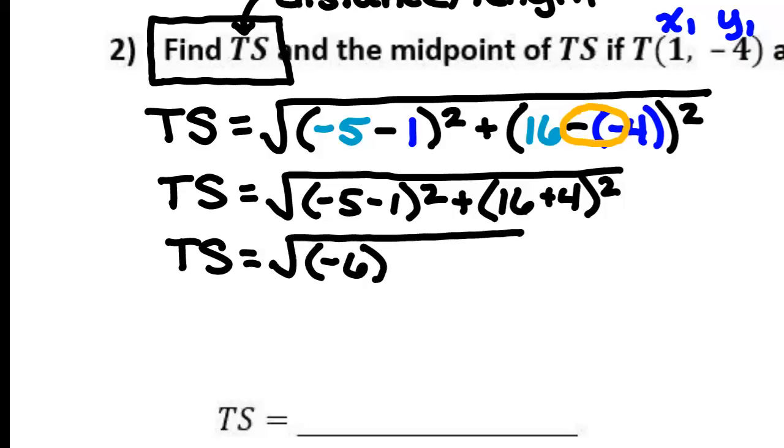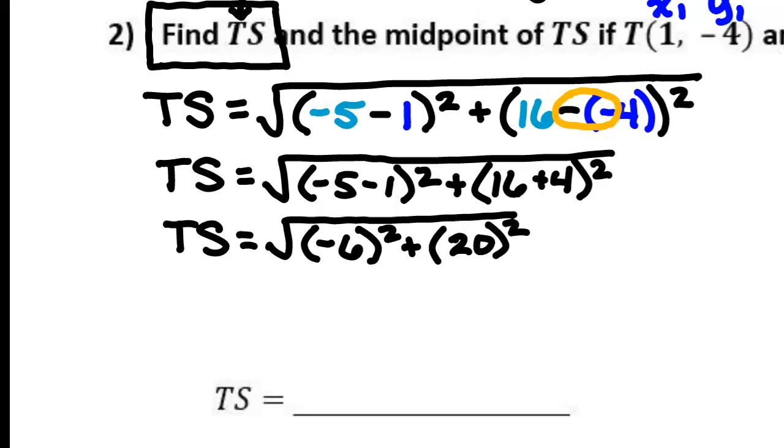So I have negative 6 squared plus, what is 16 plus 4? 20. 20 squared. What type of a number do you get when you square something? Positive. Please make sure you're taking the time to put the parentheses in the calculator before you hit that squared button. Otherwise, it will give you a negative answer, and that will be wrong.